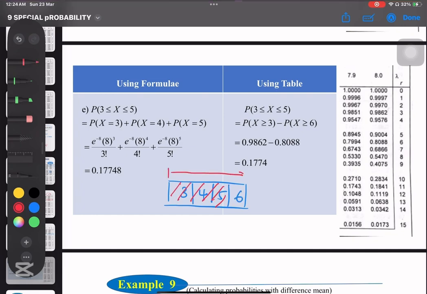The table is used to make it easier to solve. And if we are using the formula, make sure it is 4 to 5 decimal places.